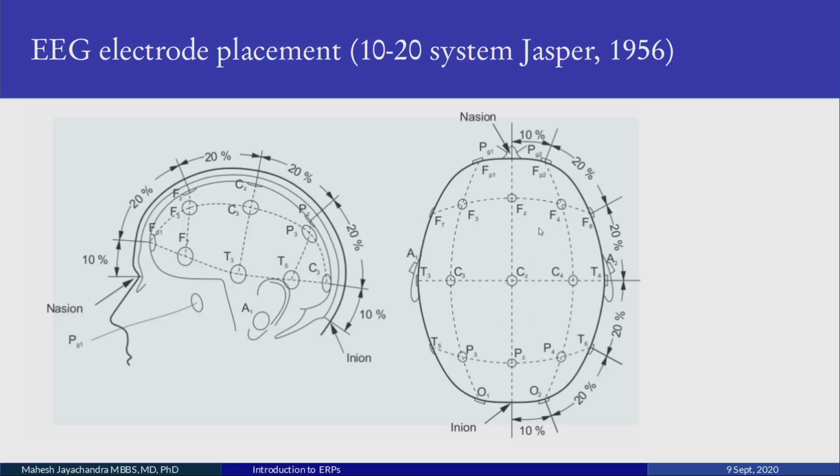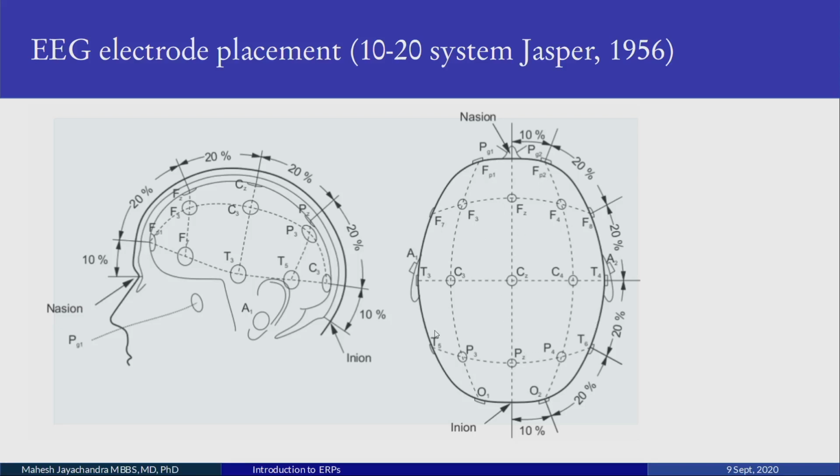From the top, your central electrodes, the ones over here, are all denoted C with a subscript depending on whether you're on the left side, in which case it is an odd number, and if it's on the right side, it's an even number. So in front of CZ, anterior to it, are the frontal electrodes, and FP1, FP2 are electrodes on the forehead.